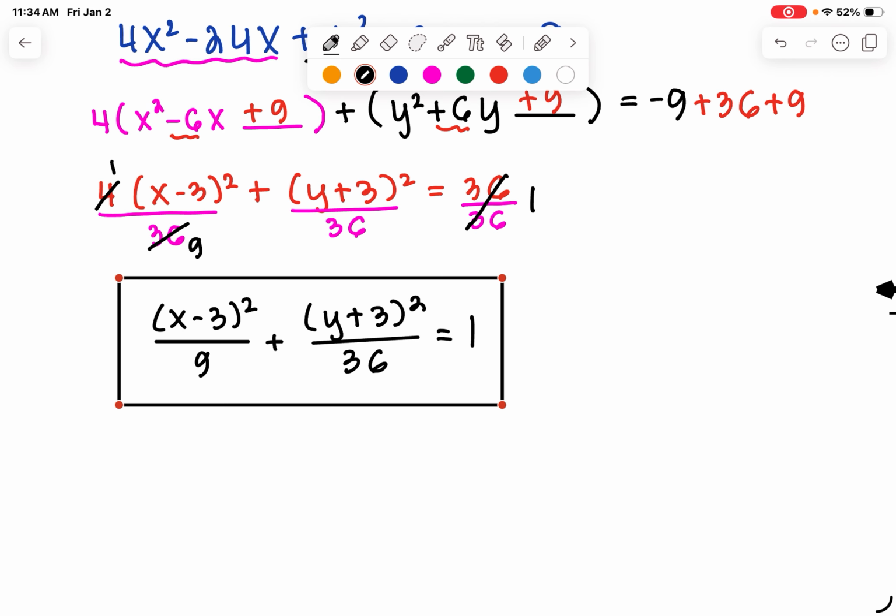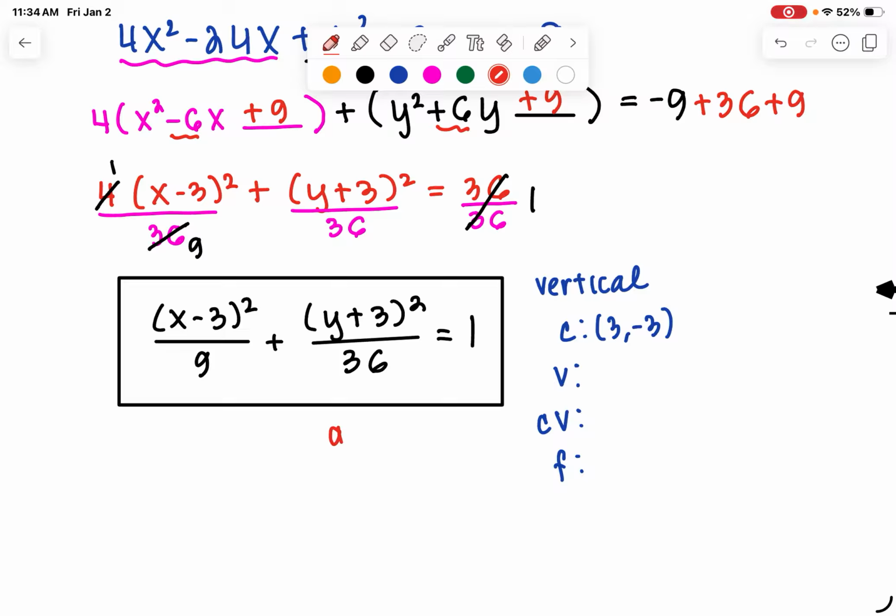You can go ahead and pause the video and graph the ellipse on your own and then just compare it with mine. First off, you should have decided that this is a vertical ellipse because the second denominator is bigger. The center is 3, negative 3. I need my vertices, my co-vertices, and my foci. My vertices are A units from my center, where A is my bigger denominator.